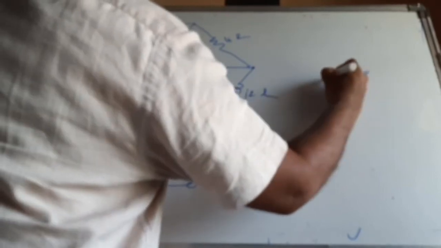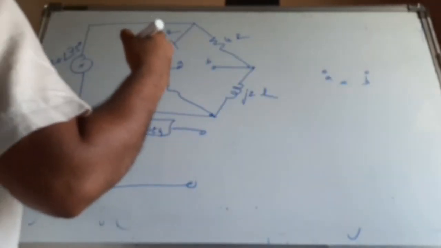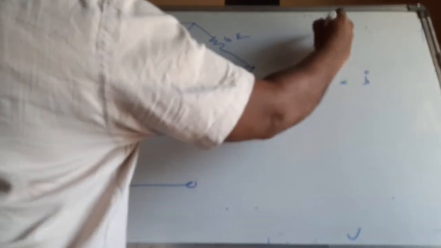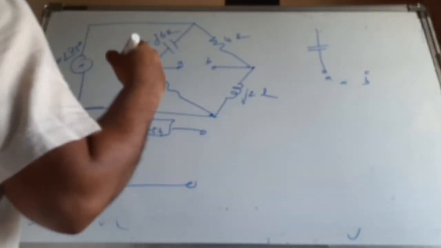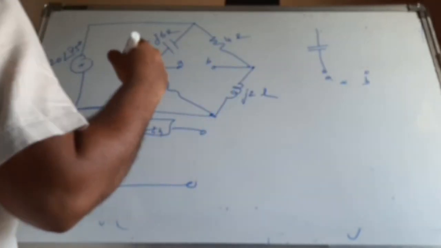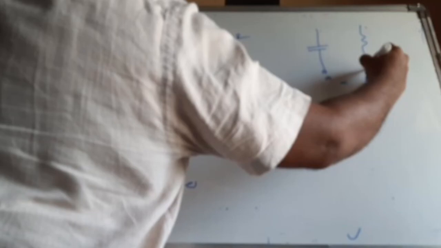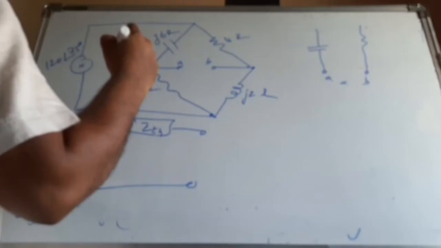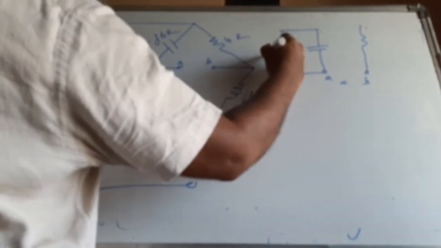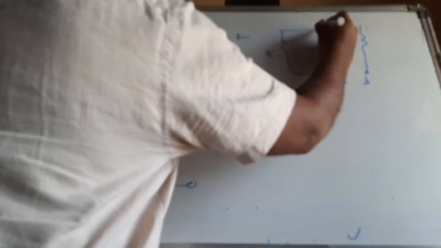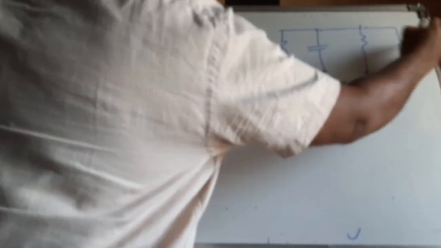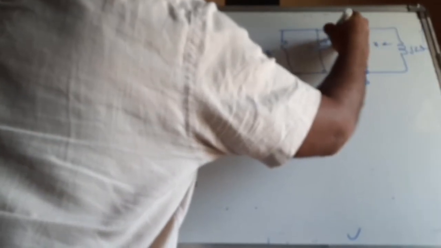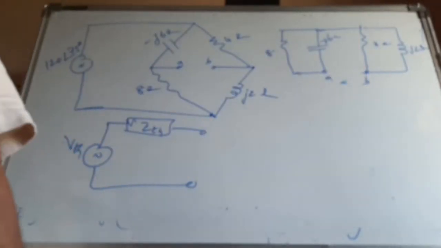Here I have A and B, which has a capacitor. And here this is in parallel with another resistance of 8 ohms. Here you see minus j6 ohm.